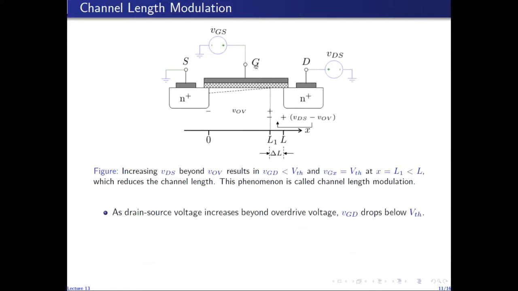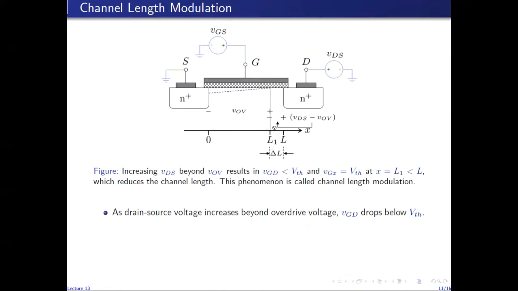So when we increase VDS beyond VOV, the voltage between gate and the drain drops below V threshold, which means that there will come a point to the left of the drain at which the voltage between gate and that point is equal to V threshold. I have labeled that point L1.